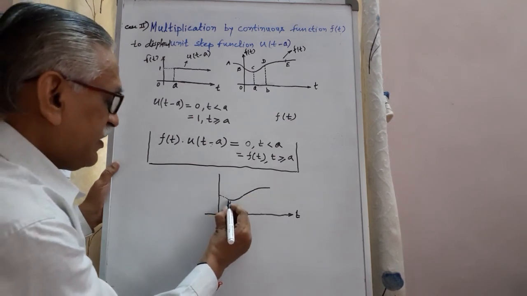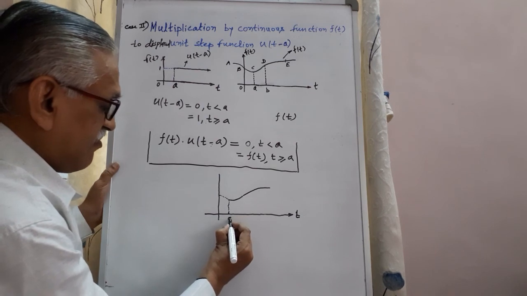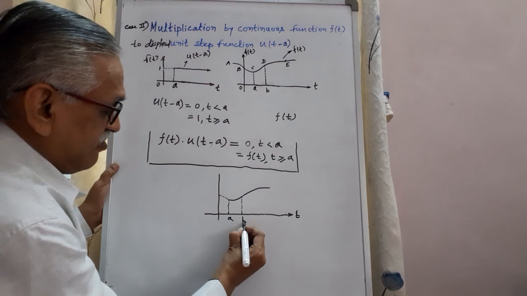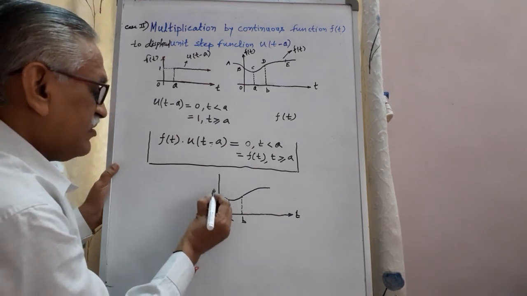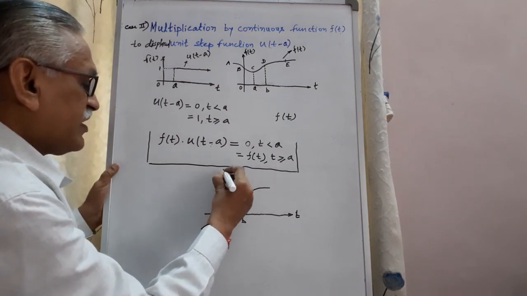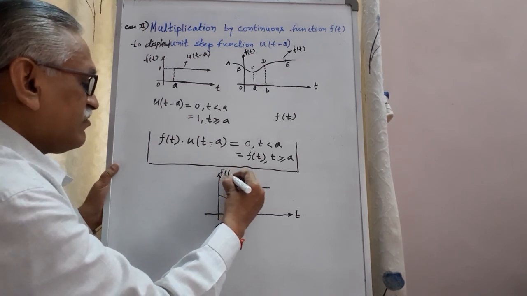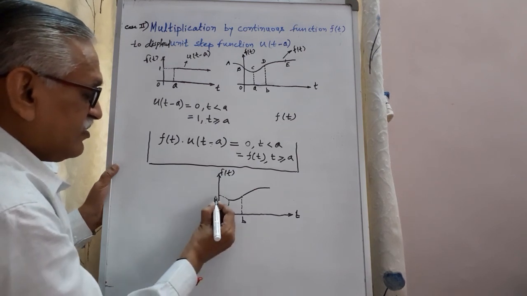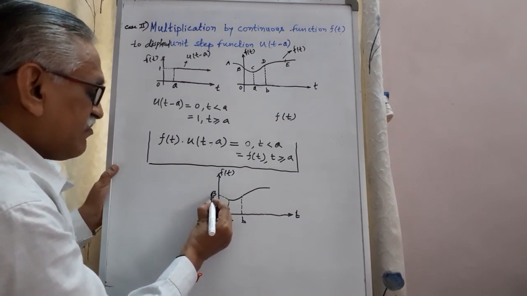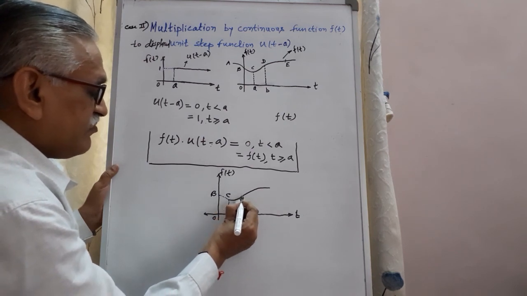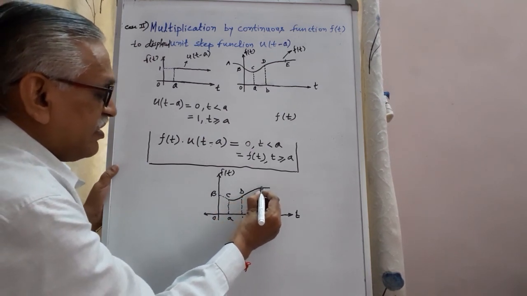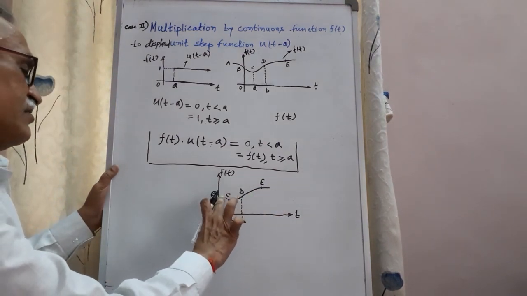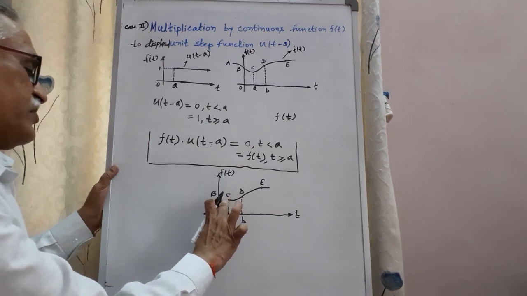Okay, this vanishes, and whatever the curve we have, therefore this is the point A, this is point B. On y-axis we are taking the values of f of t, 0. This point is B, this point is C, D and E. Therefore, this much part becomes 0 or vanishes.